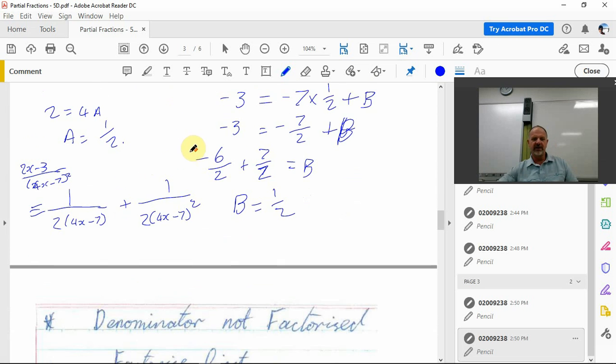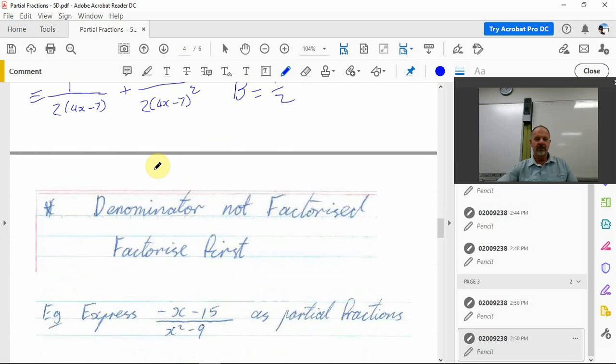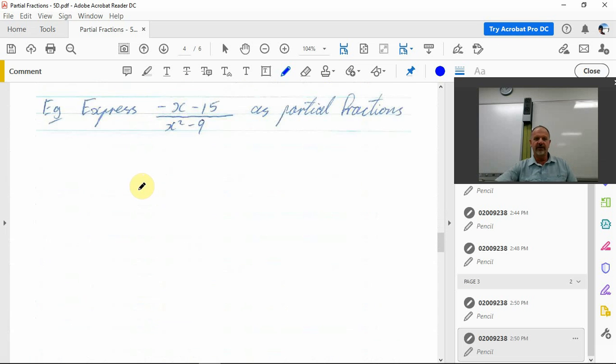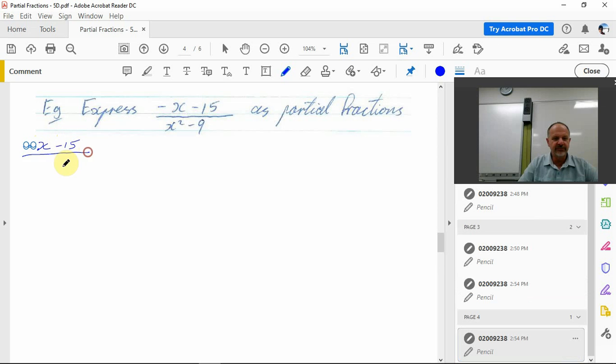Next one, denominator not factorized. You have to factorize it. All right, so this one here, negative x minus 15 over x squared minus 9 expressed as partial fractions. So negative x minus 15 over x squared minus 9, well, that's the same as negative x minus 15 over x minus 3 times x plus 3.